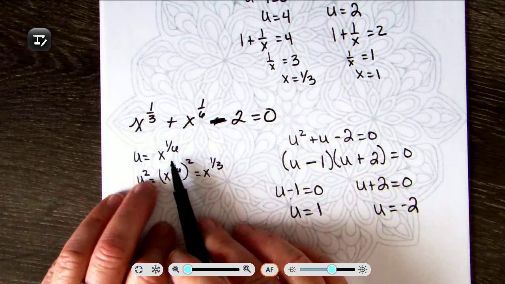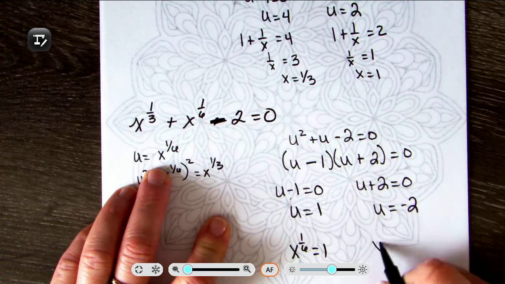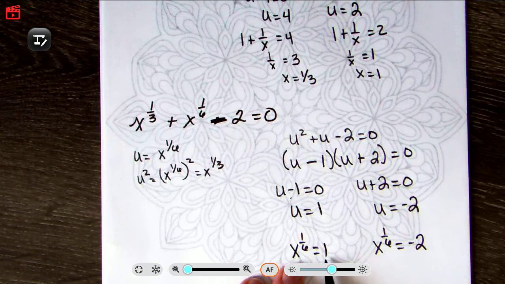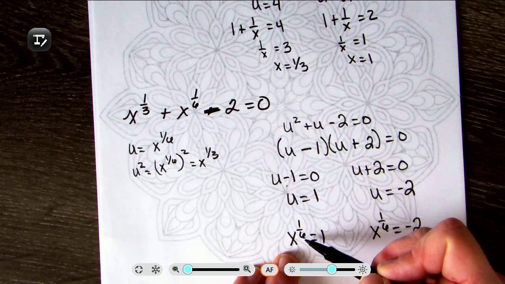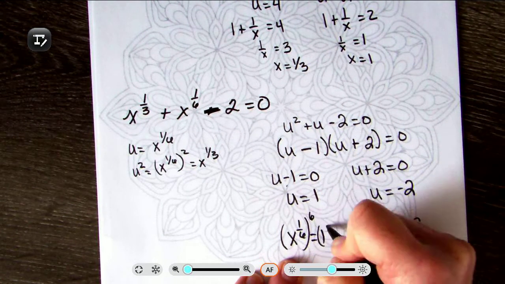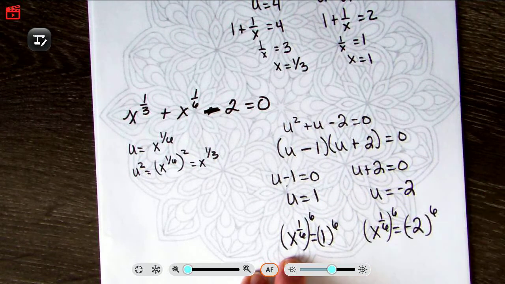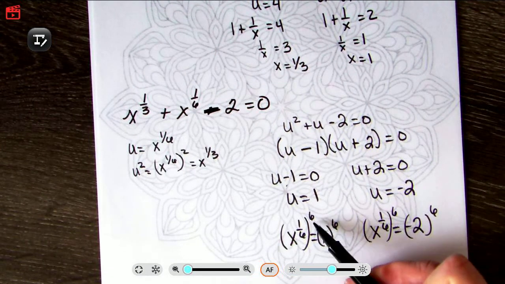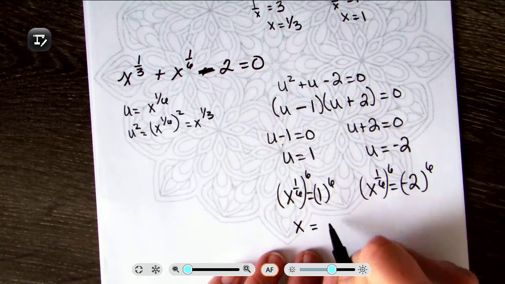However, u was x to the 1/6. So x to the 1/6 is equal to both of these. And now we have to try to remember, how in the world do we undo the 1/6 power? What we are going to do is raise them both to the 6th. Okay, because x to the 1/6 to the 6th is, multiply those exponents, simply x to the 1st. 1 to the 6th is 1.